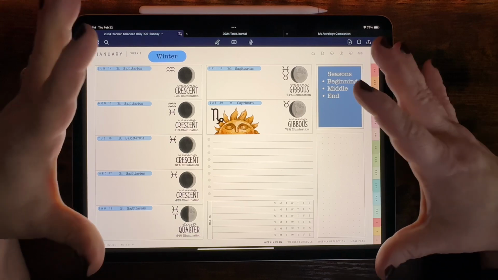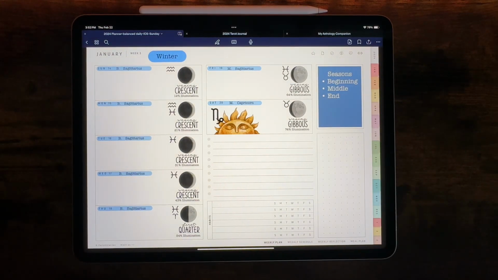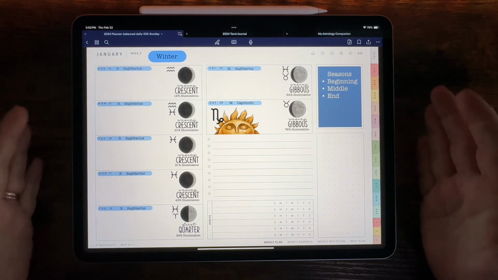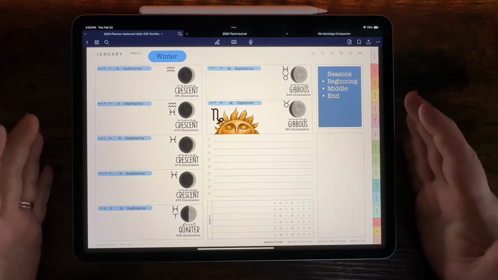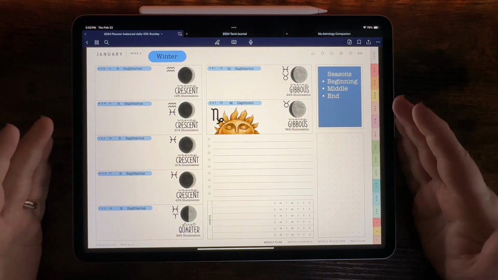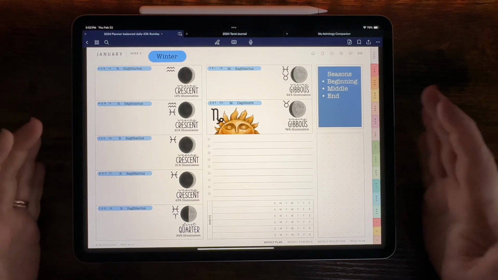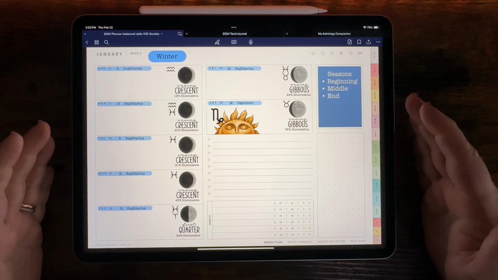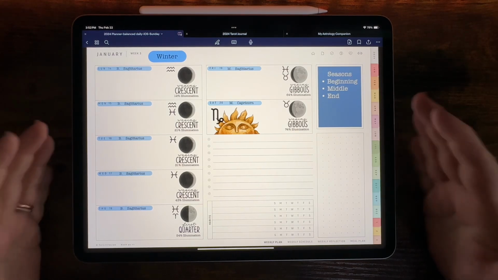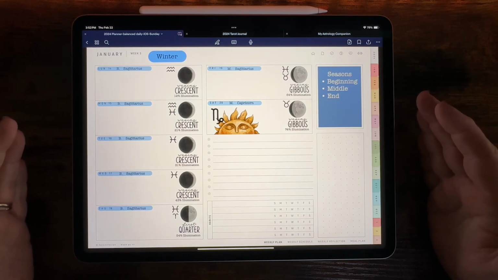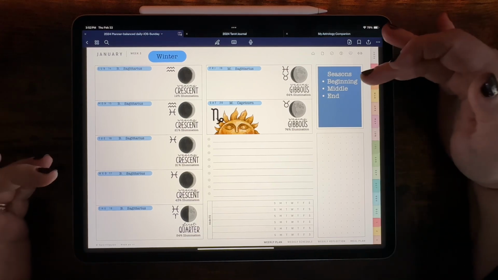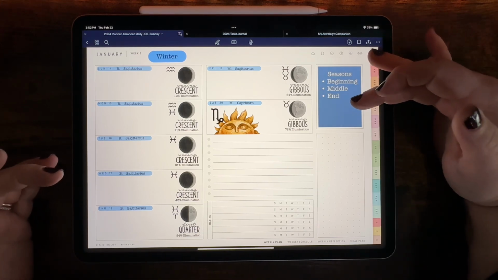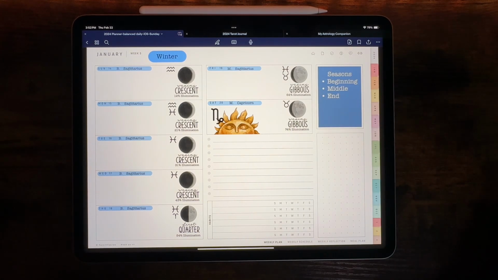And the way that I determined this, just to break this down a little better for you, is I counted how many days were in each season based on the solstices and the equinoxes. So then I took those particular days and divided them by 3, because breaking it up for beginning, middle, and end means breaking up each season into 3 spots.